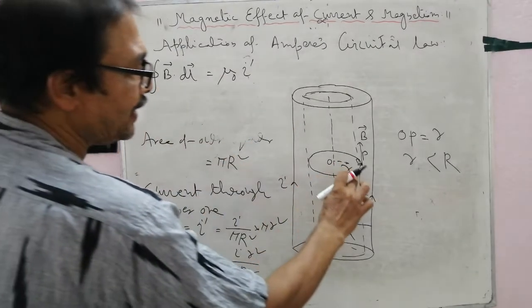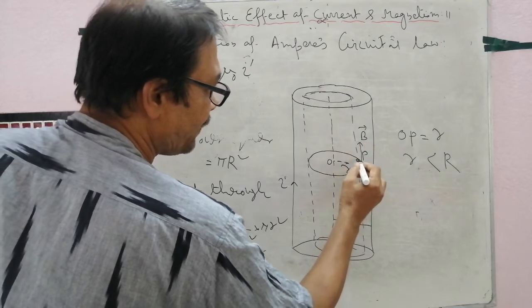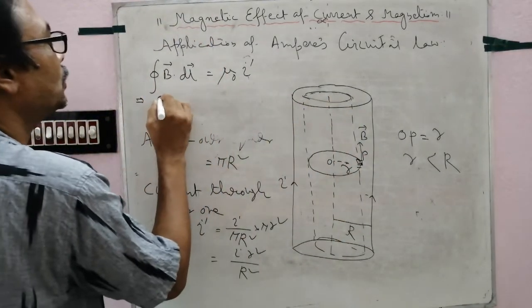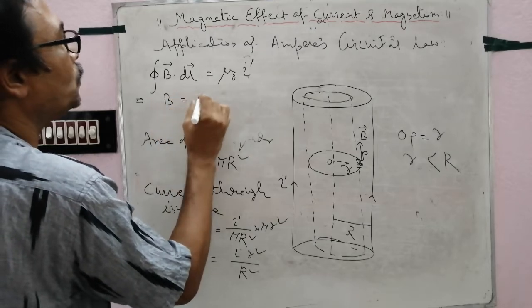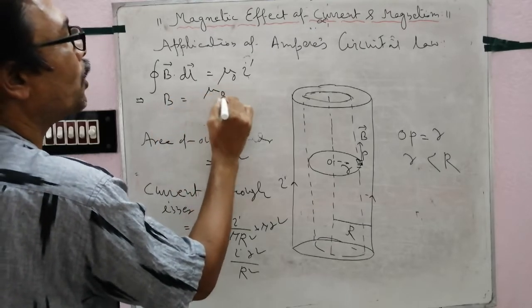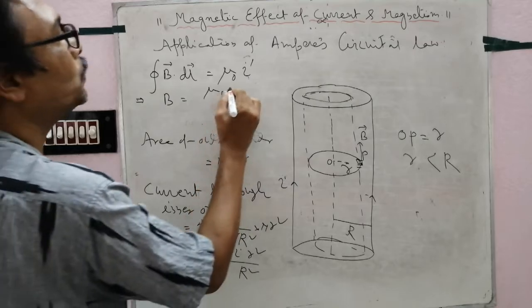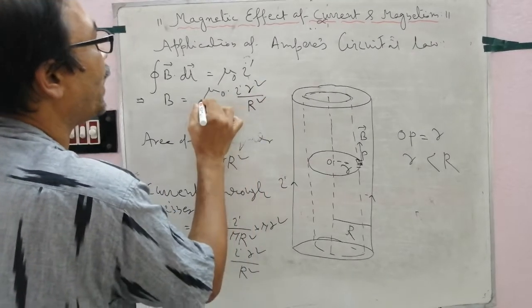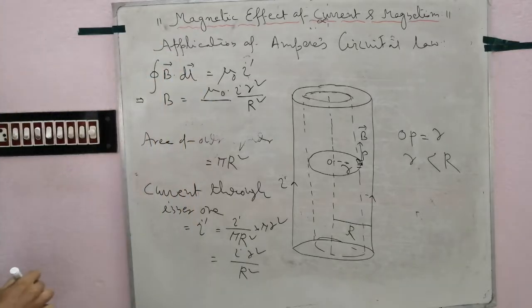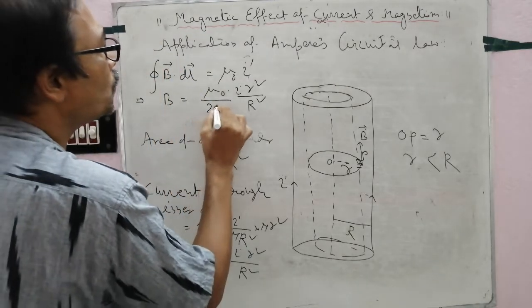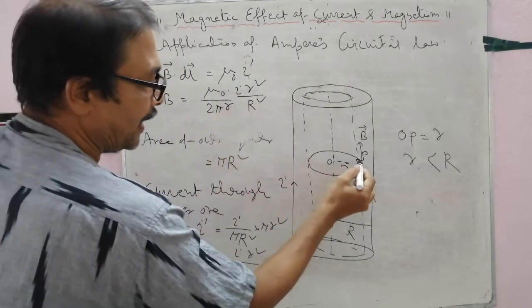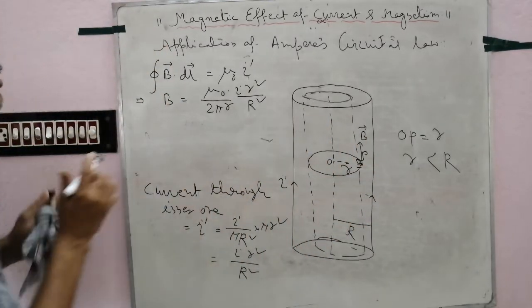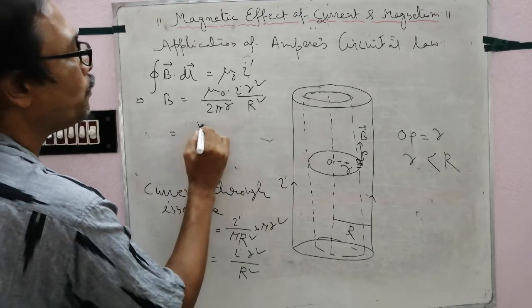B and dl are parallel to each other. So B into dl equals mu naught I dash, where I dash is I r square by capital R square. What is the value of the integral of dl? 2 pi r, the circumference of this closed loop. Clear?